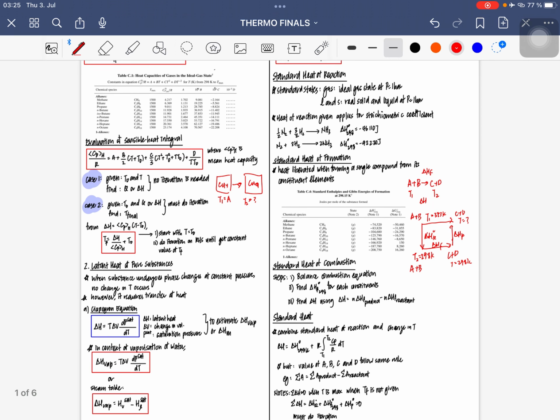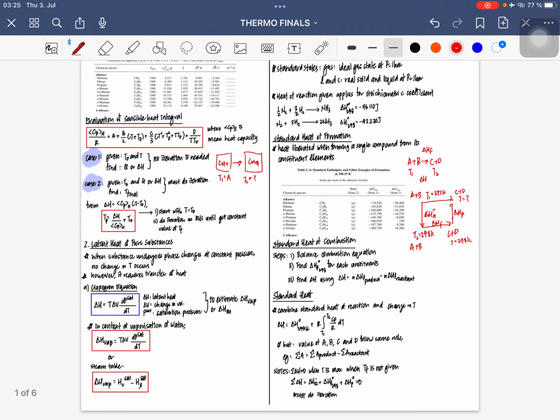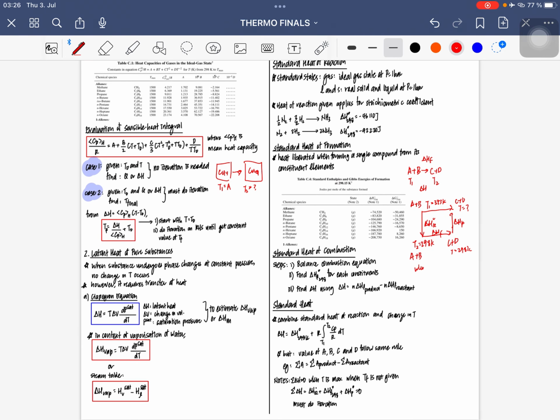So what we're going to do is, usually the question will ask, what's your max temperature? So we are going to assume that at T max, Q is going to be 0. So you have HR plus HF plus heat of product equals 0.